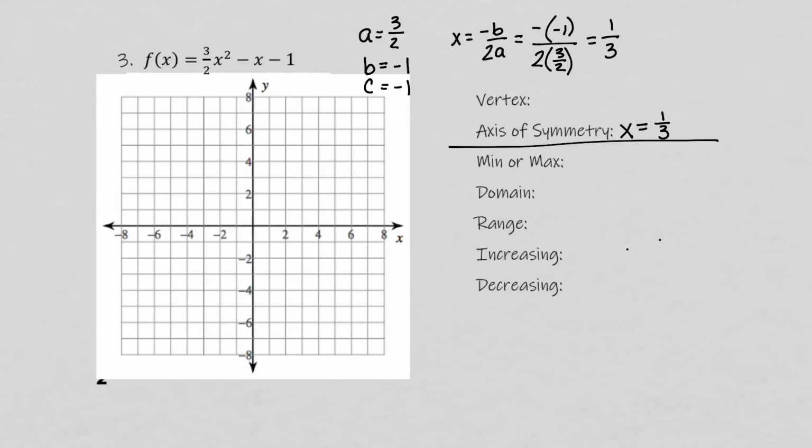All right. So with my vertex, I know the x value is 1/3. I need to find the y value. So I'm going to take that 1/3 and plug it in here for x. Again, you can use your calculator, or you can calculate it by hand, by squaring the correct things and all of that.